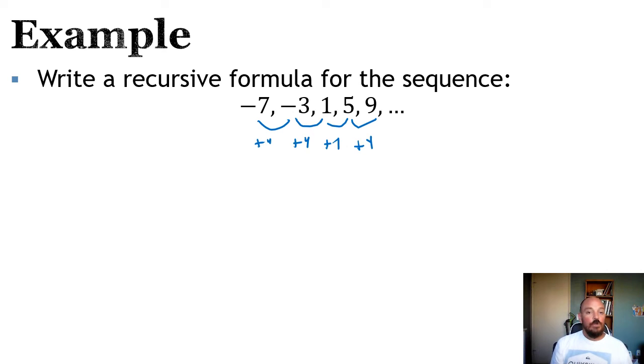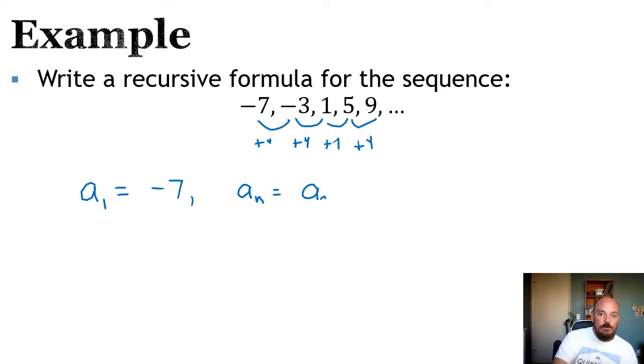So if I want to write a recursive formula, I need a starting point. So I'm going to tell what a1 is. I'm going to say a1 equals -7. And then after that, I'm going to say to find any other term, an, I'm going to take the term that comes right before it, which is an minus 1, and I'm going to add 4 to it.